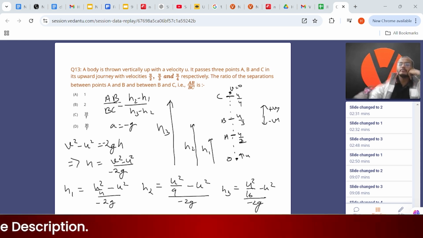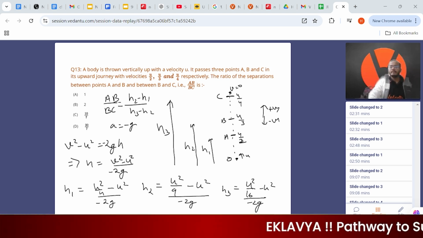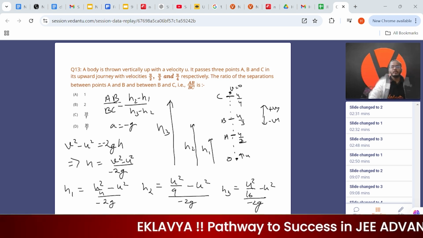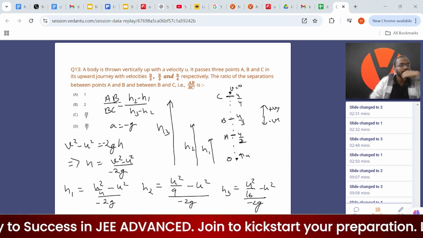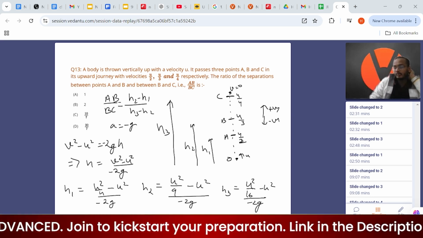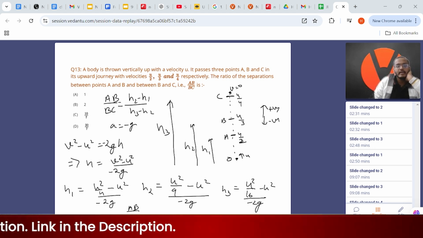Or you can calculate between A and B, since initial and final velocities are given. Here also initial and final velocities are given. So you can also calculate directly. It depends upon your wishes.